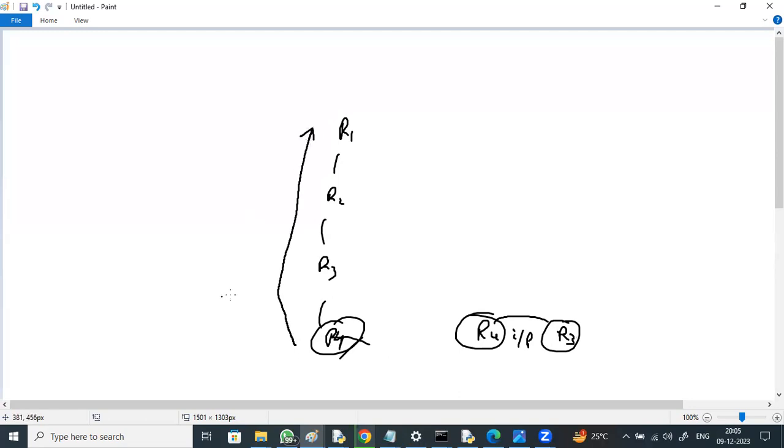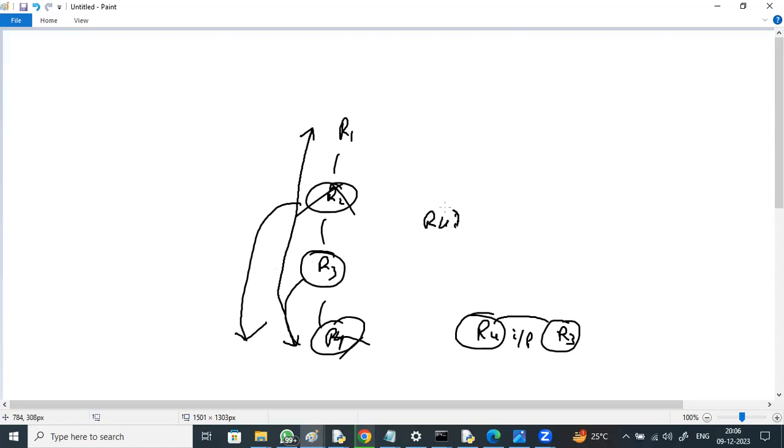From where do I need to start the flow? If R2 is persisted, the flow starts from R2 to R4. If R3 is already available, from R3 to R4. If this is not available, you need to know R4's input.